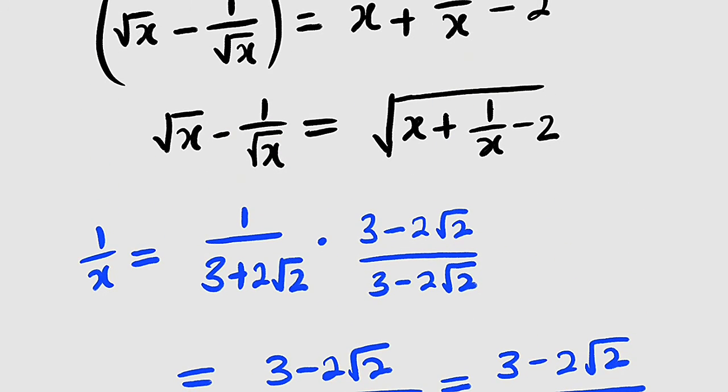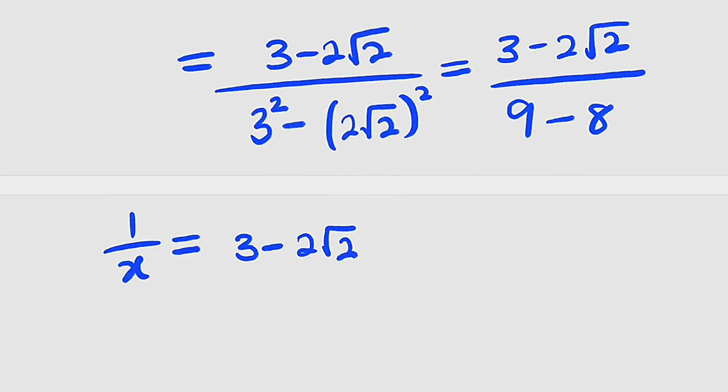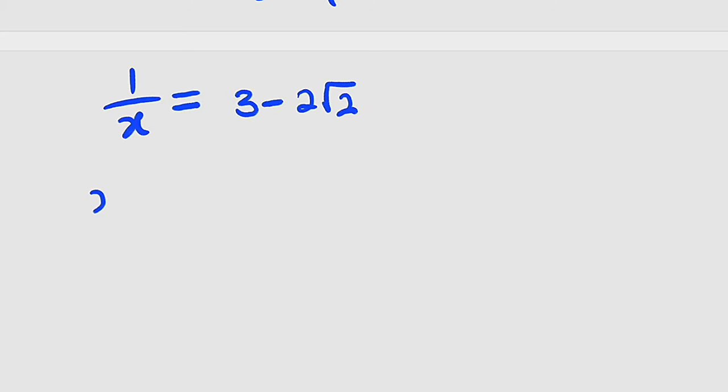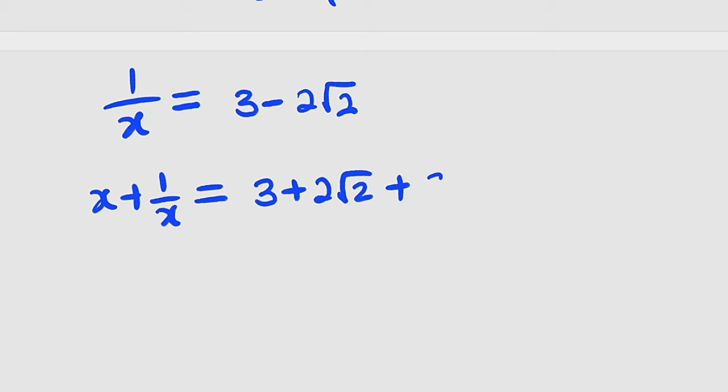But under the square root here, we are looking for x plus 1 divided by x. So let us add them together. x plus 1 divided by x is just equal to 3 plus 2 root 2, because that is the value of x, then you add it to the reciprocal, which is 3 minus 2 root 2. This will cancel this.